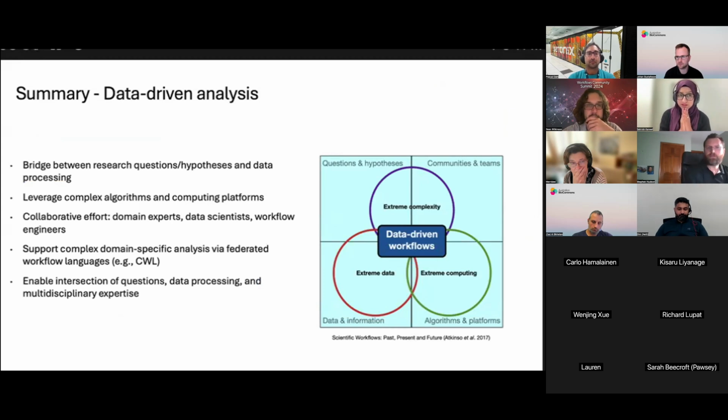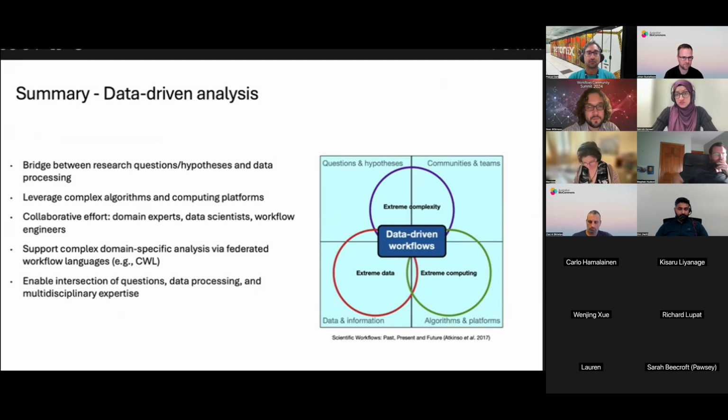I'm going to summarize this. I liked how Johan has a similar kind of slide, I don't know if he took it from this reference, but I love this study, which was published by Atkinson, with this Venn diagram where the researchers talked about how data-driven workflows lie right at the intersection of the questions and hypotheses that researchers or the community ask, and the teams.